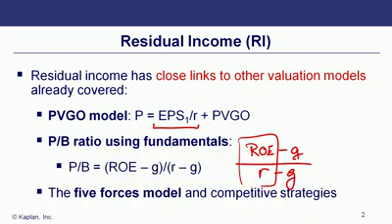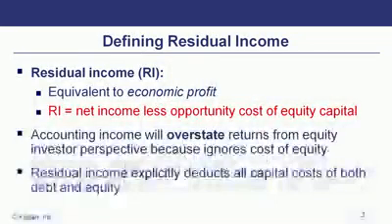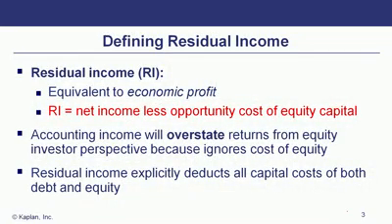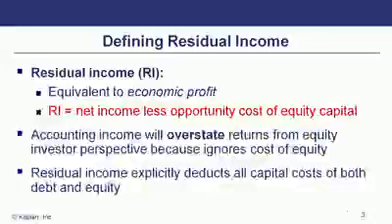The Five Forces model, Michael Porter's Five Forces and competitive strategies, links to whether the company has a competitive advantage, or whether within Porter's Five Forces they are giving me additional return over what is a fair return for that particular equity. So, defining residual income: residual income is essentially equivalent to economic profit.